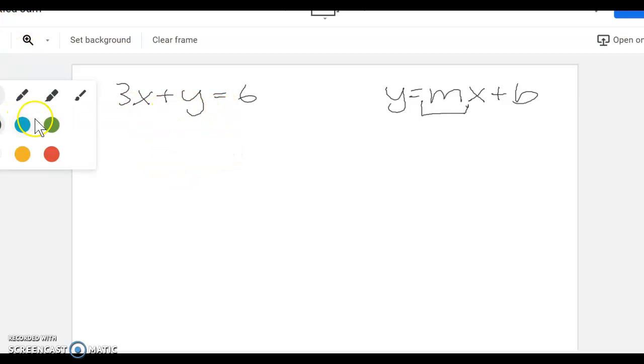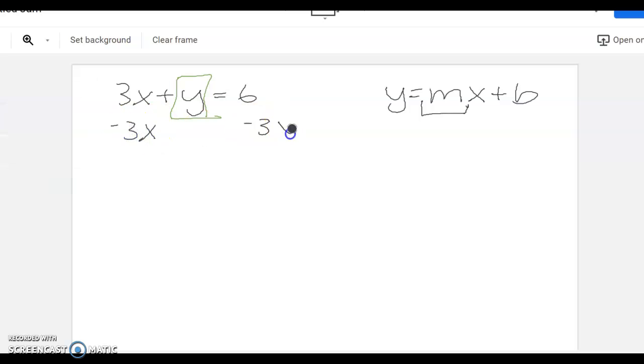So again, I'm doing that algebra work of getting y by itself. This time, the thing that is in the way is the 3x. 3x is being added to y, so I want to subtract it. Now I have just y on its own, and because 6 and 3x are not like terms, I can really just write them together.